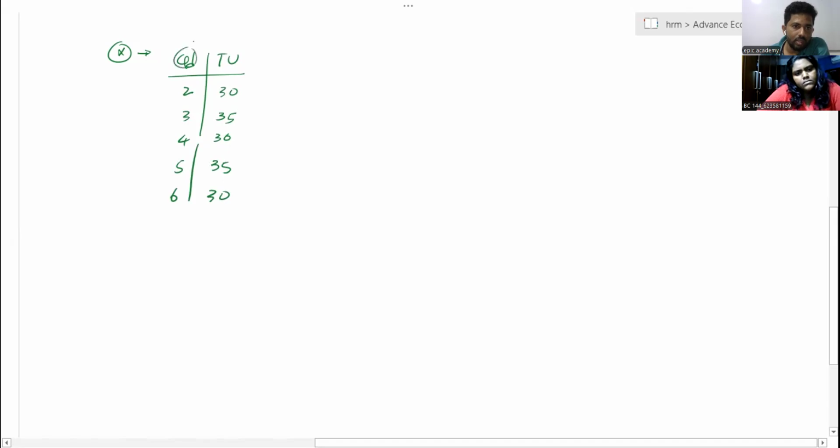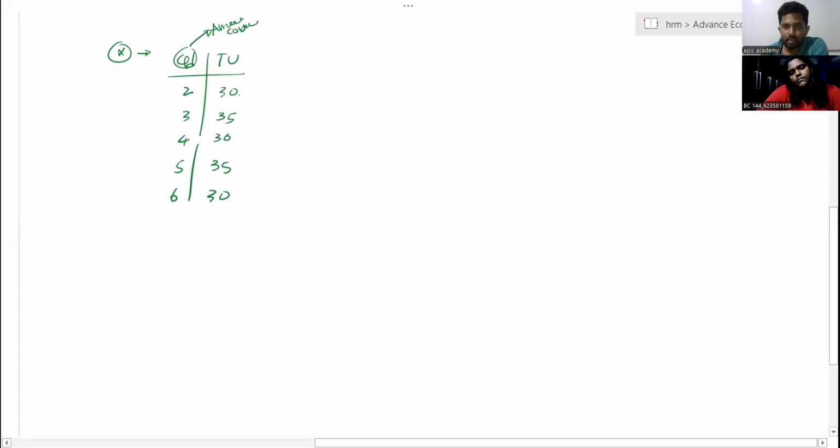Quantity demand always represents the amount of consumption, increasing one by one by a similar amount. But total utilization means the satisfaction after consuming that amount.